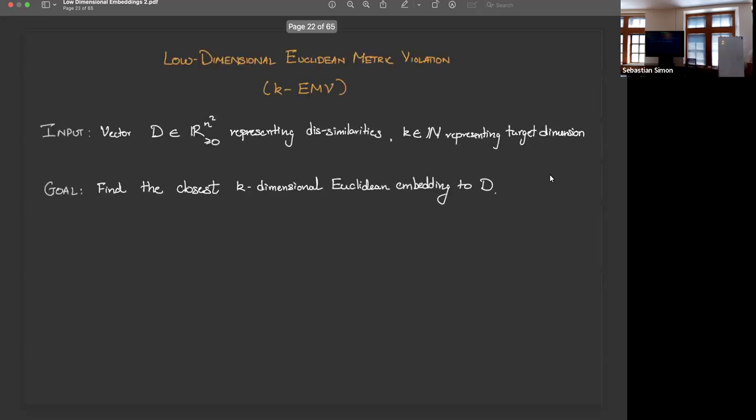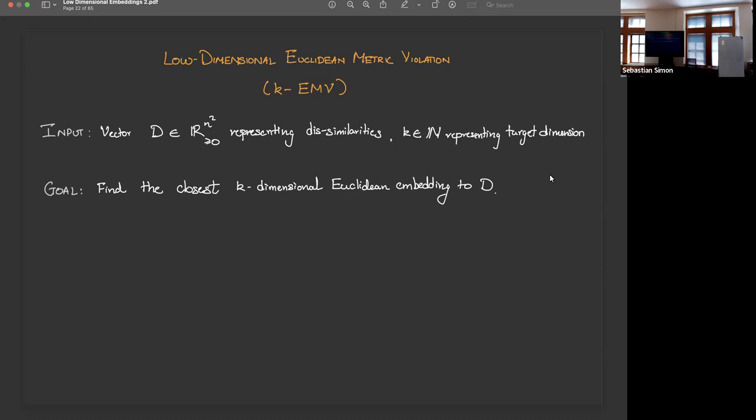Okay. So what is this low dimensional Euclidean metric problem? The input is represented using A, which you can think of as just a vector in n squared dimensional space. You should think of this vector as representing dissimilarities, or pairwise distances. And the other parameter in the input is k, which is the dimension.